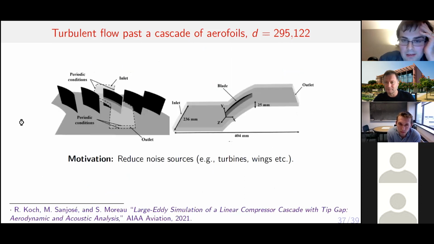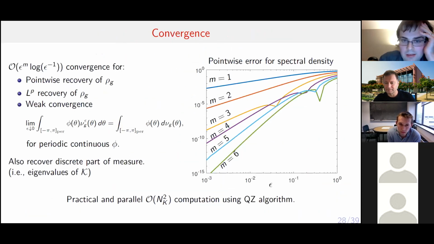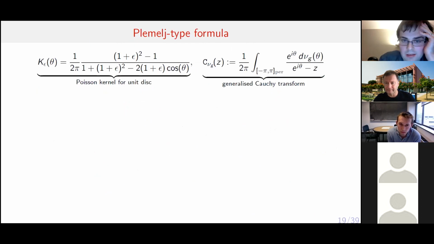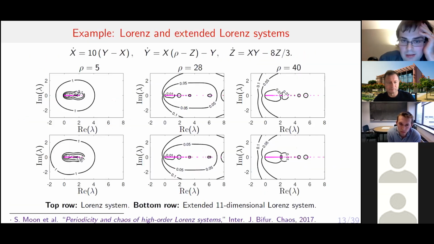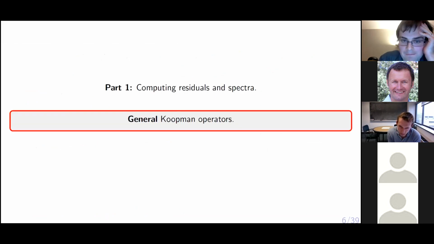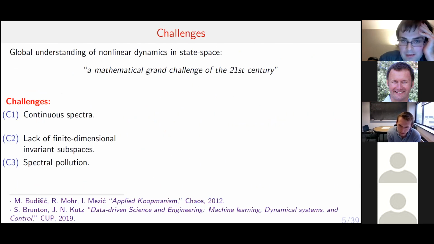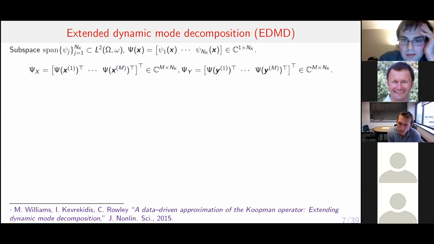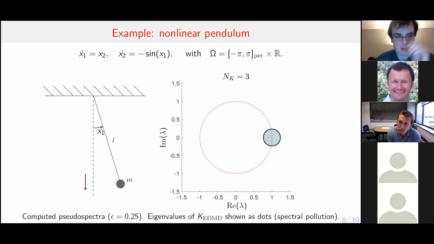In the pendulum example, my understanding is that it is a truly completely continuous spectrum system, right? Yeah. I would almost argue that all of the eigenvalues found by EDMD are spectral pollution, even if they exist on the unit circle, right?